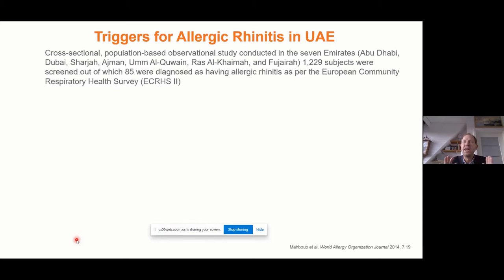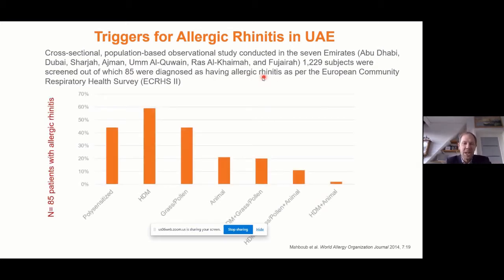If we then ask ourselves, are the mites at all relevant for the United Arab Emirates? I show you a study where 1,200 subjects were screened, and out of these, 85 were diagnosed with allergic rhinitis. It was examined which allergens cause this allergic rhinitis. What you see here is that house dust mite is the most frequent cause for allergic rhinitis in the Emirates.